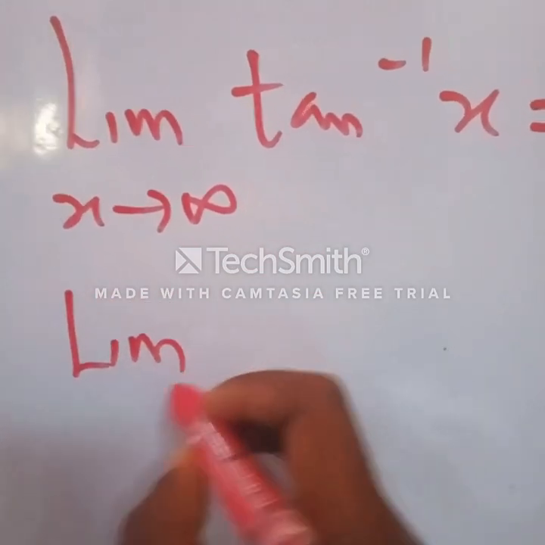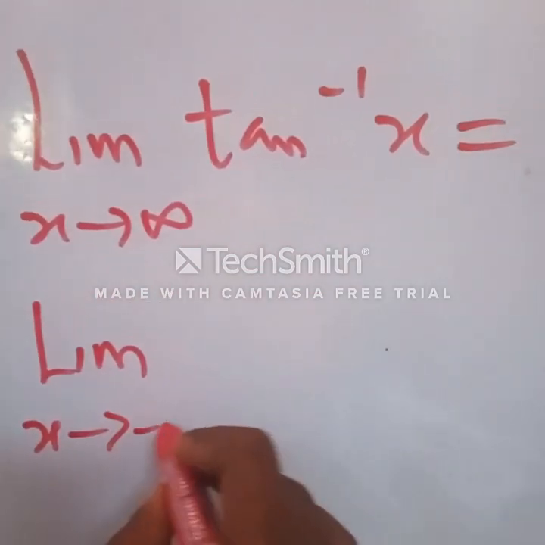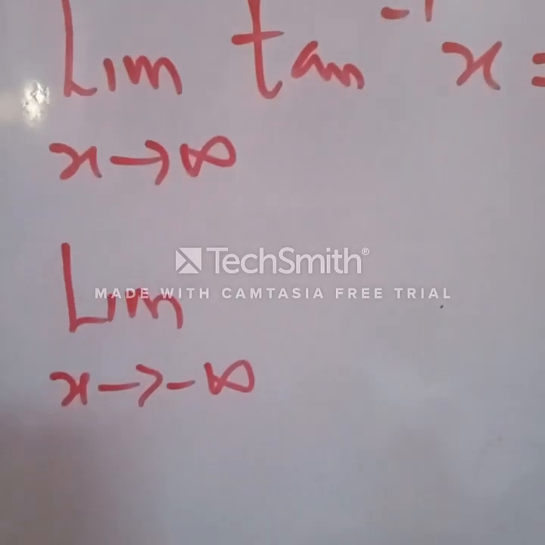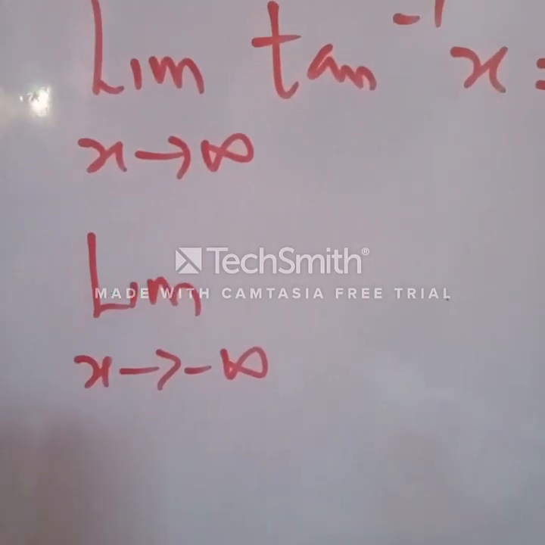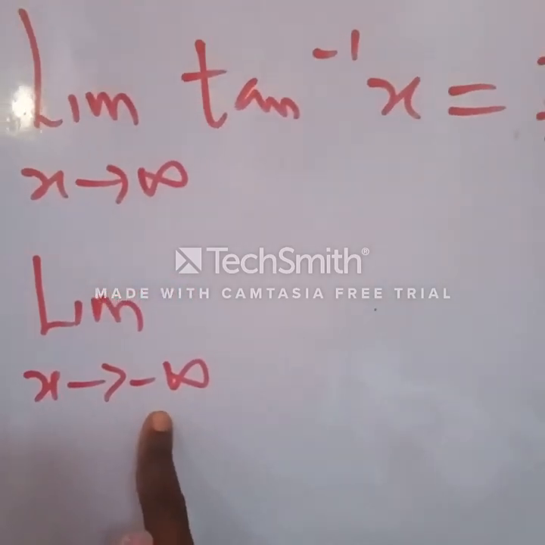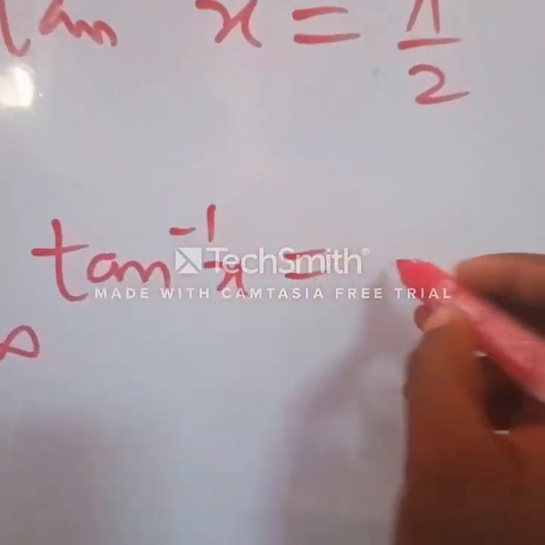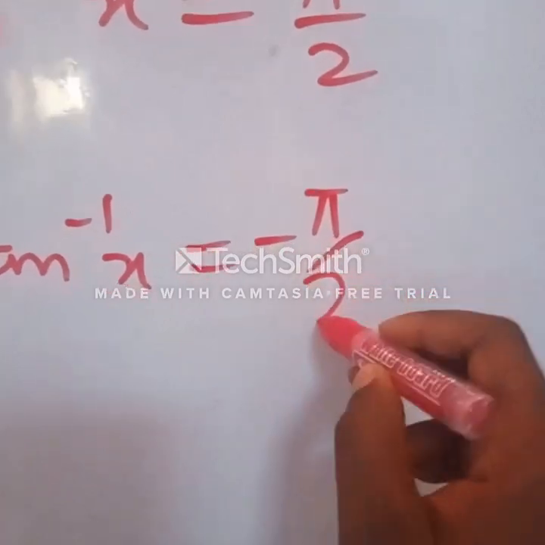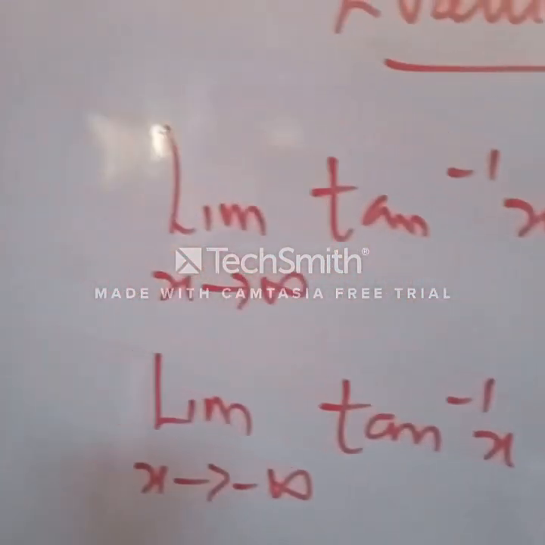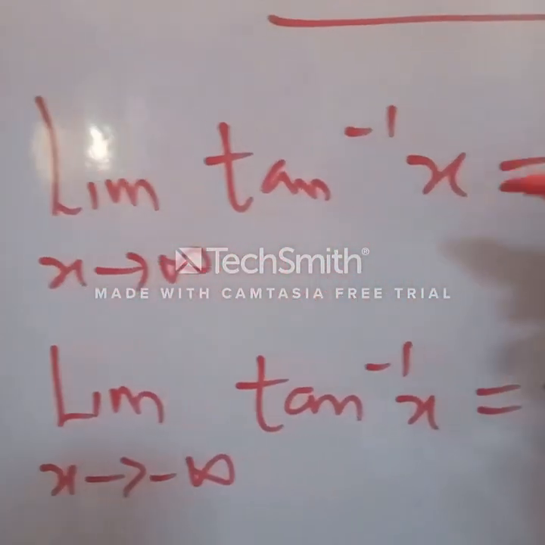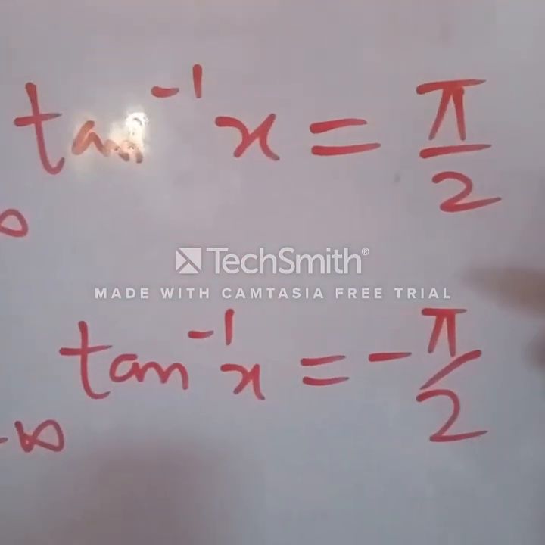Also if x is decreasing to negative infinity, the value of tan inverse of x is negative pi over 2. So this is an example of a function which has two horizontal asymptotes.